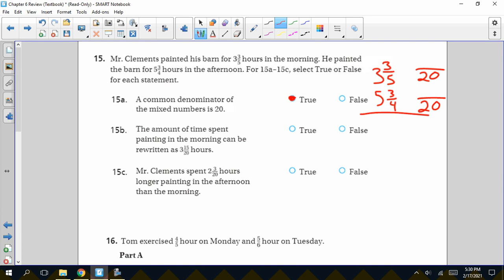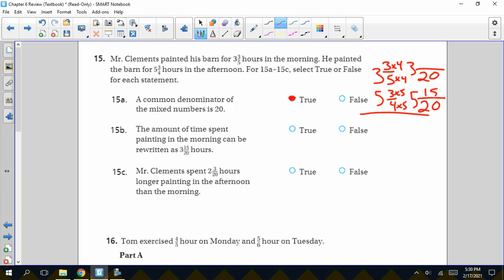The amount of time spent painting in the morning can be rewritten as 3 15/20. Well, again, find your common denominator. Times 5 times 5. That would be 5 15/20 times 4 times 4.